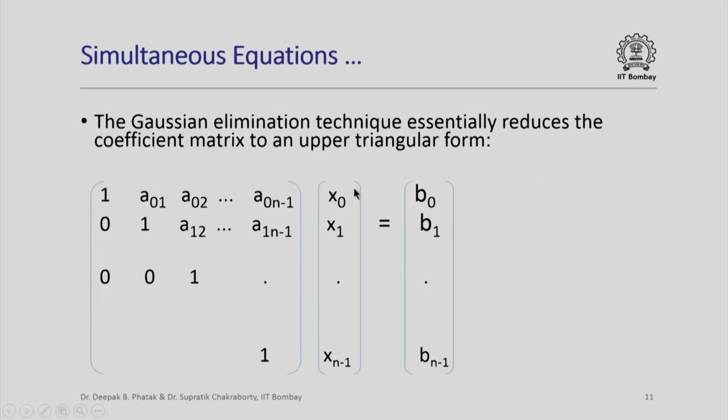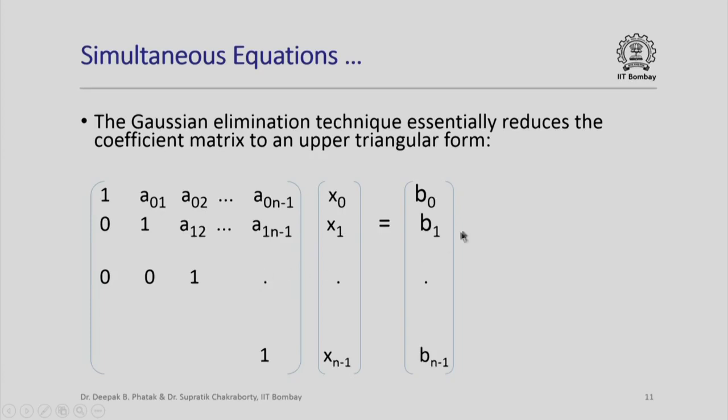The Gaussian elimination technique will essentially reduce the coefficient matrix to an upper triangular form. That means we will have 1, 1, 1, 1 on the diagonal, we will have all zeros on the left bottom corner, and we will have non-zero numerical values which will represent the modified system of equations, which represents the same system anyway, because we would be following the rules which are prescribed.